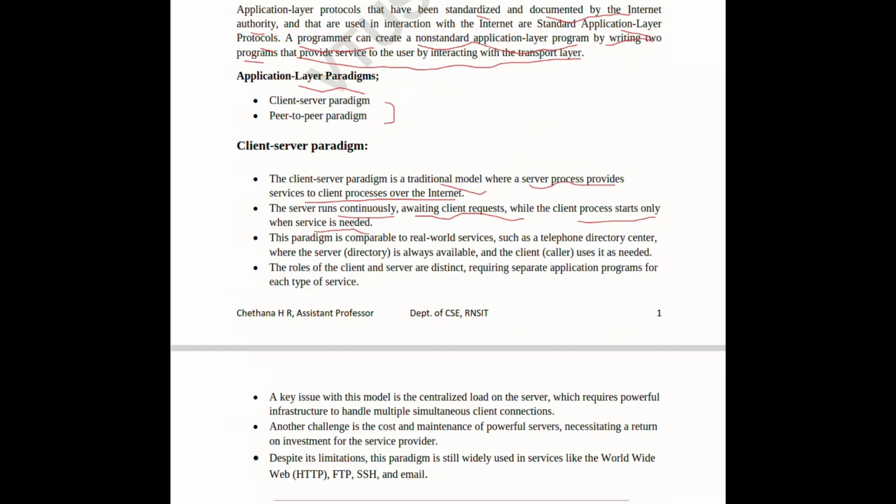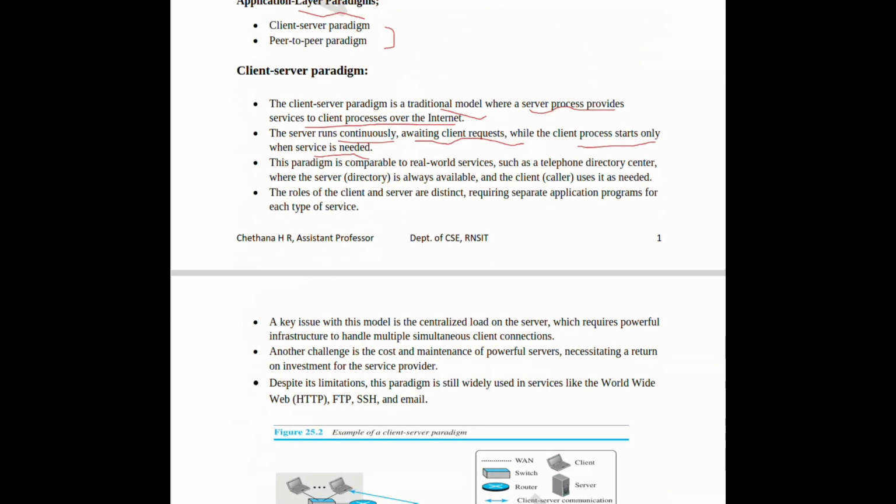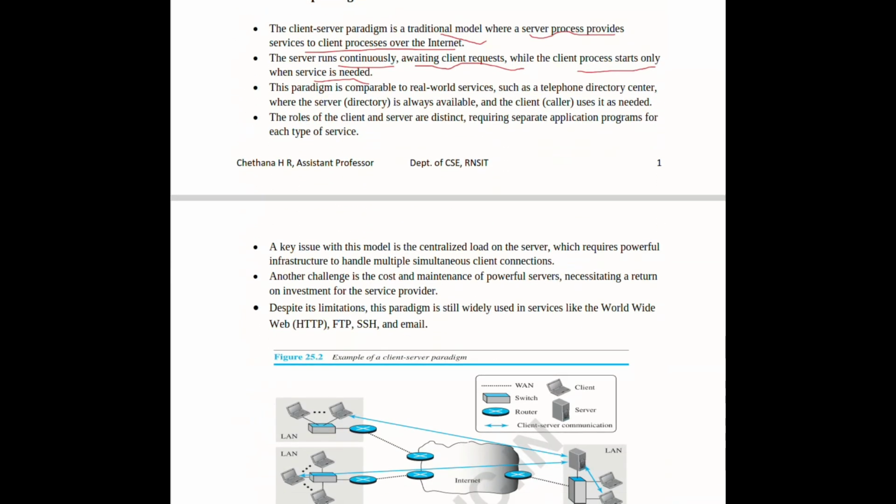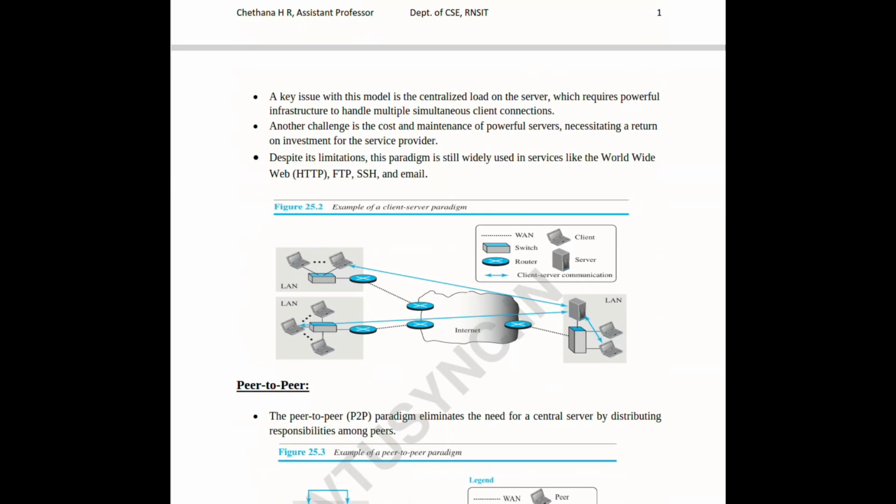Now, in the current scenario, if so many people request some kind of interaction from some kind of service, everyone on the internet requests some kind of interaction.